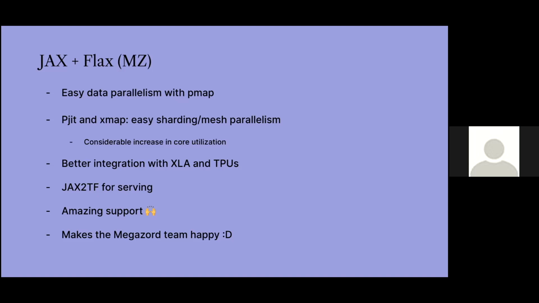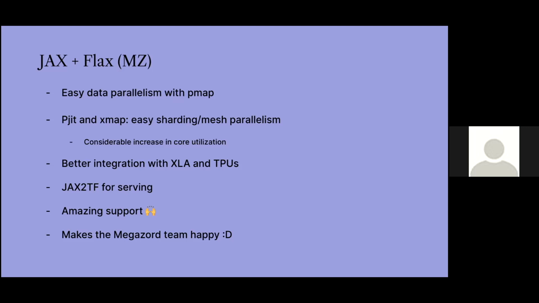But all of those things are really amazing. But the thing is, okay, what are we losing? And in fact, we're not losing much, because with JAX2TF, we can still use all of our pipeline, all of our old code base for serving models. So we are getting the benefits of a better way to represent our ideas while still having all of the amazing TensorFlow serving ecosystem.